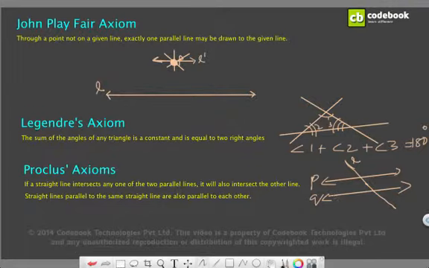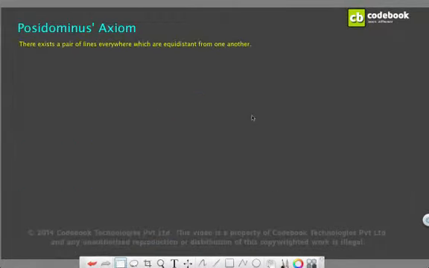The second axiom states that straight lines parallel to the same straight line are also parallel to each other. So let's assume that a line P is parallel to Q. Also take another line R which is parallel to Q. So if P and R are parallel to Q, P and R are also parallel to each other. That is Proclus' second axiom.